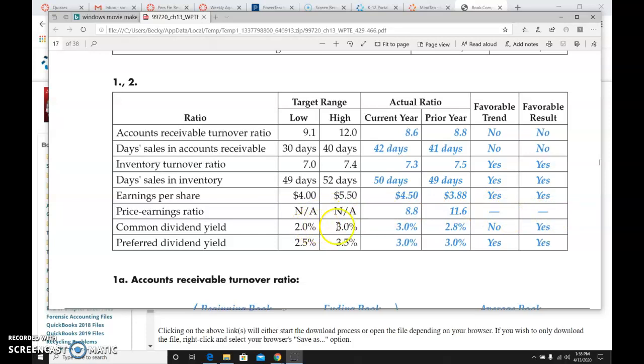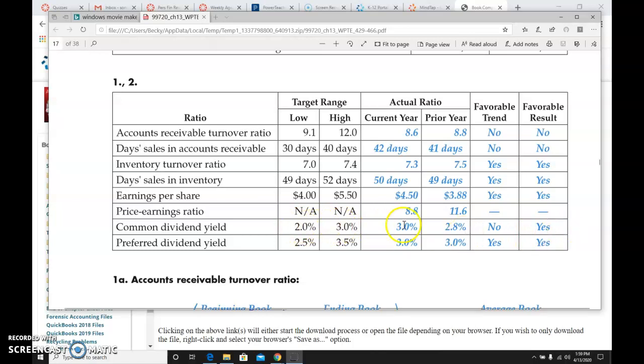And then common dividend yield, our actuals went from 2.8 up to 3%. So again, the key says that's not a favorable trend. To me, that is a favorable trend. It's both a positive number and it's increasing.